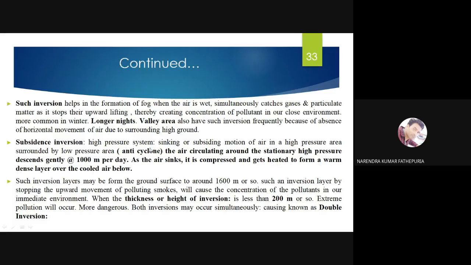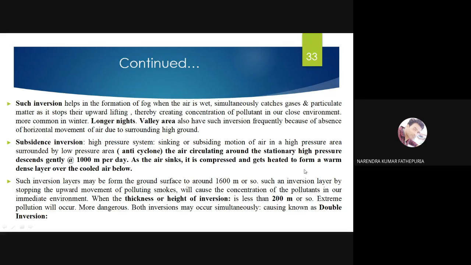It happens at a high altitude, in a high pressure system, with sinking or subsiding motion of air in a high pressure area surrounded by a low pressure area. There's an anticyclone. The air circulates around the stationary high pressure and descends gently at 100 meters per day to 1000 meters per day.